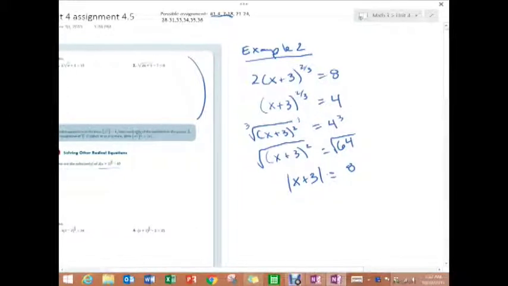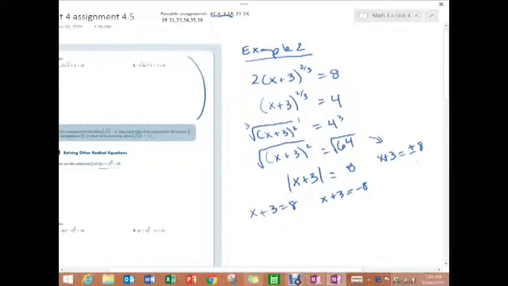So then, since we're solving, a lot of you, instead of showing it like this, will just show this version of that. That's fine. This is another version that this could be positive or negative 8 when we square root, because that's the next step in solving an absolute value, that x plus 3 might equal 8 or x plus 3 might equal negative 8. So whichever way you're choosing to explain this is fine.